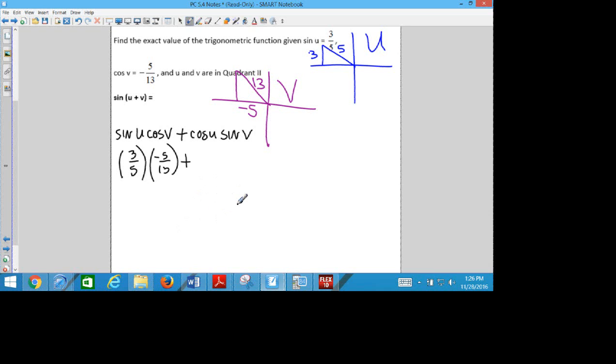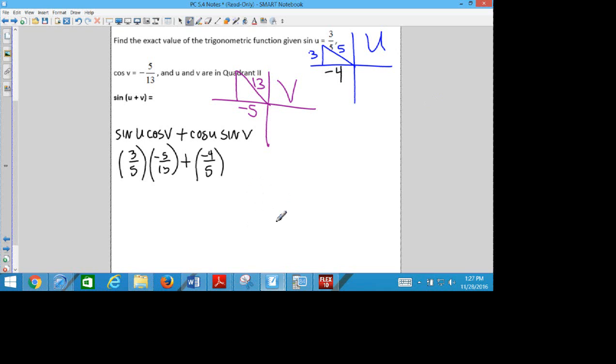Plus, do I know my cosine of u? I can figure it out by going to my u triangle and finding the adjacent, or the x value over r. So what is that? So close. Negative 4. Remember, second quadrant, so that'll be negative 4/5. And then the sine of v, same thing.